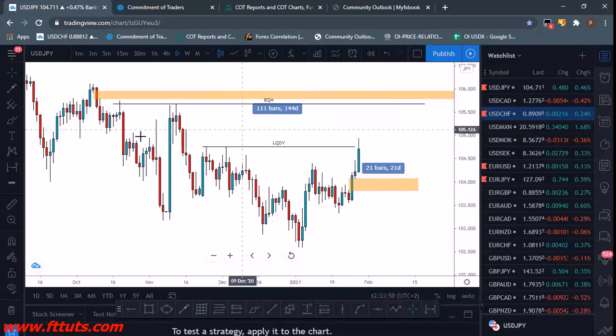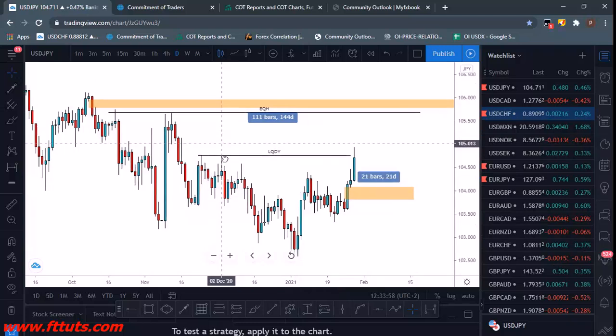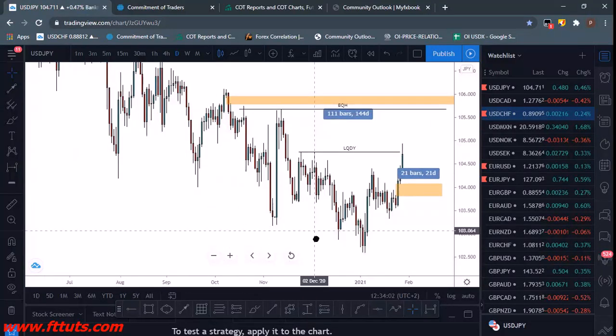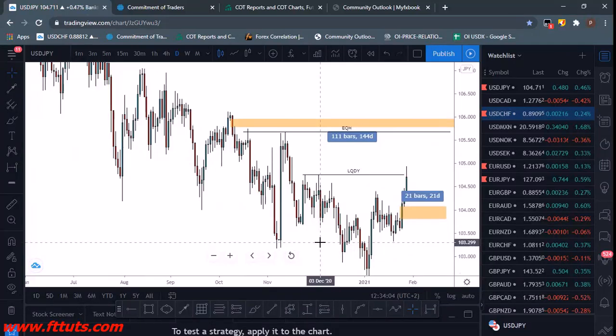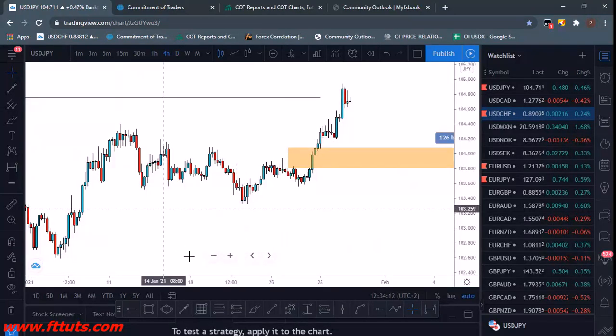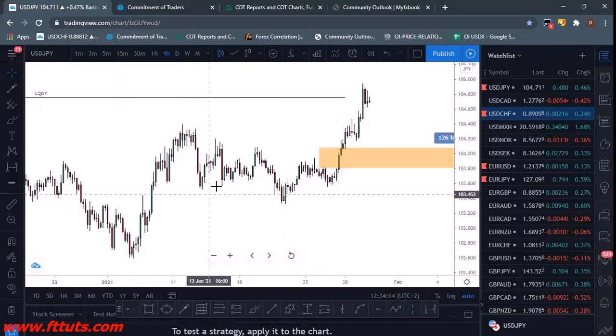So we have other forms of liquidity. Okay, guys, we're talking about liquidity. What are other forms of liquidity? Other forms of liquidity are areas where the market creates a liquidity area, but not equal lows or equal highs. What kind of areas am I talking about? Let me just go to the lower time frame. You see this area here that they are buyers.